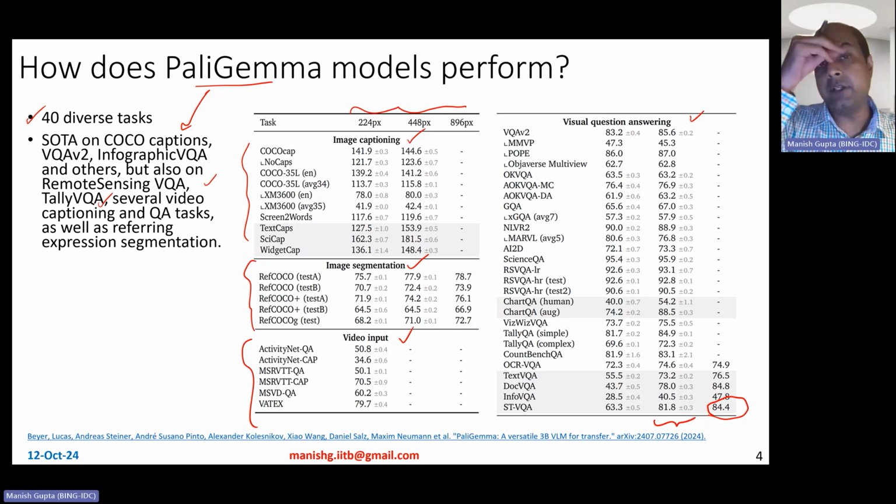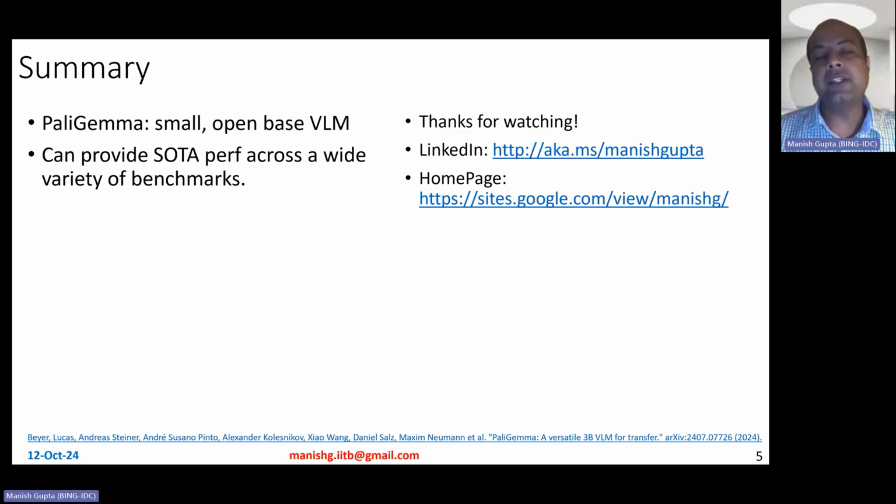It also performs really well on video captioning and question answering tasks, as well as referring expression segmentation task. Okay, so in summary, in this video, I talked about PaliGemma, which is a small, less than 3 billion sized open vision language model. It can provide state-of-the-art results across a wide variety of benchmark tasks.